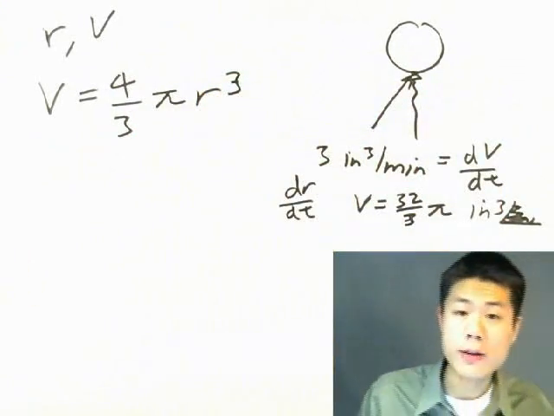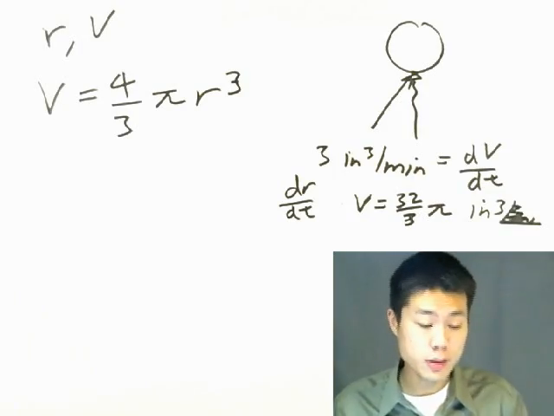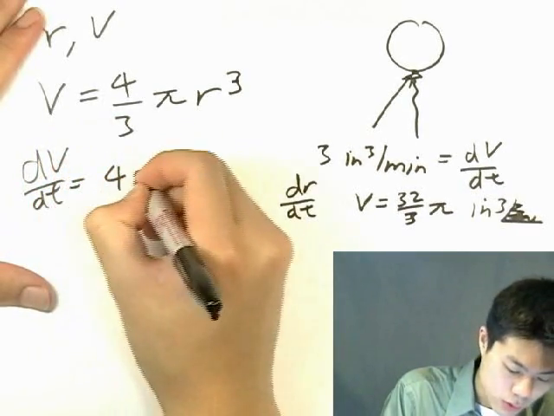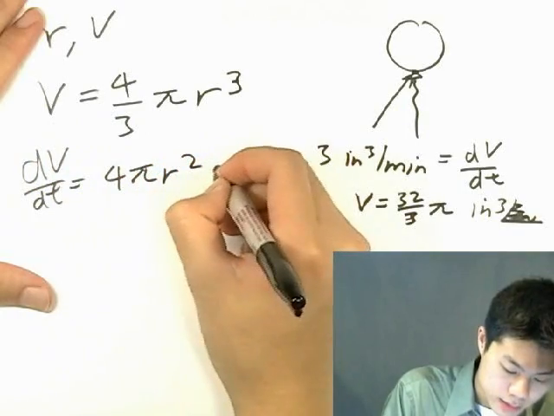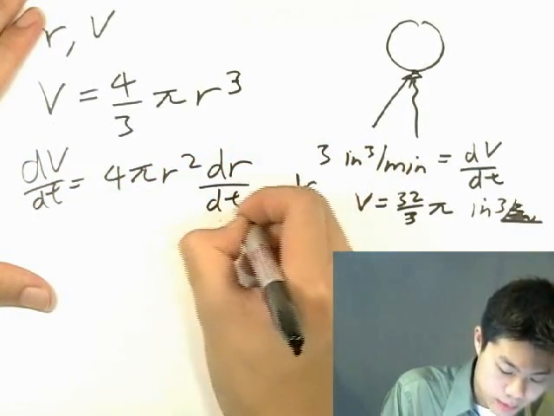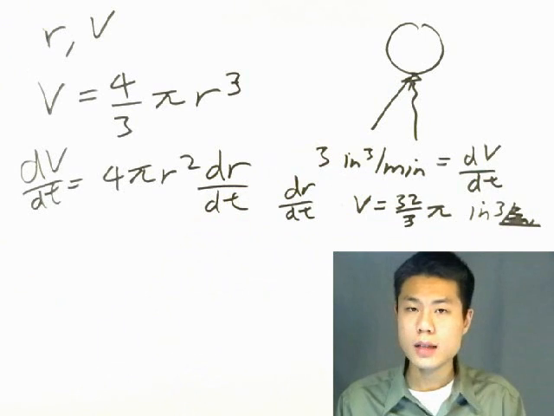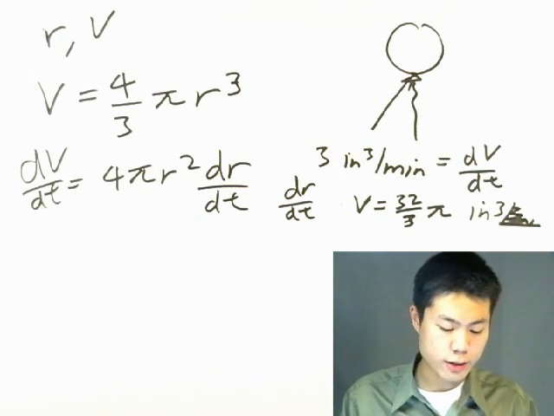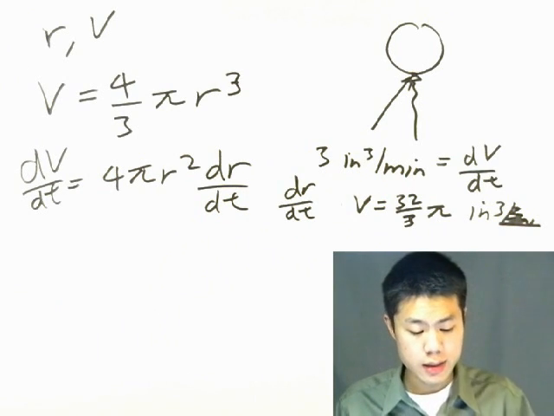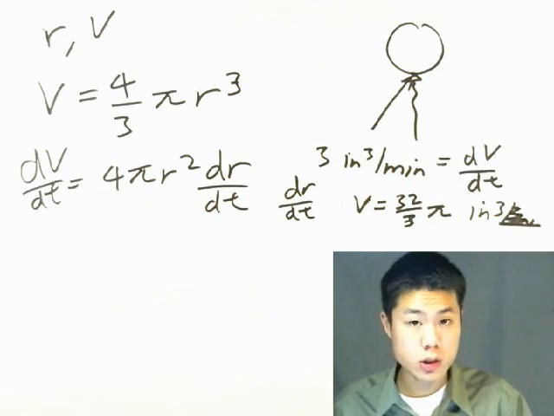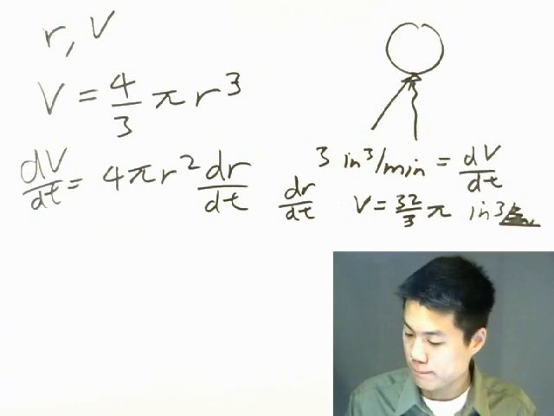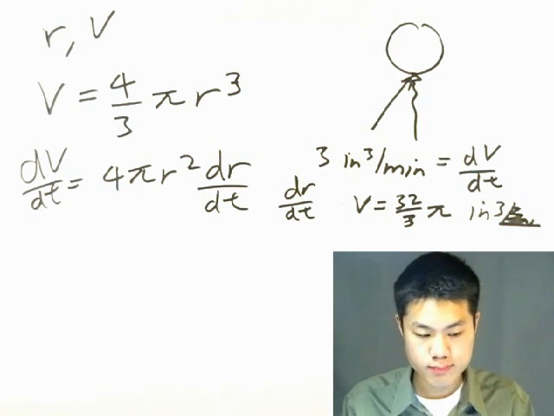So now that we have this equation, let's implicitly differentiate both sides. dV over dt is going to equal 4 pi r squared dr over dt. Alright? Okay. So this equation tells us that the rate at which the volume changes depends on r squared, and also on dr over dt. Okay? So let's plug everything in.